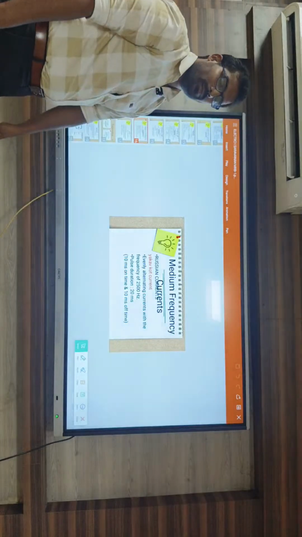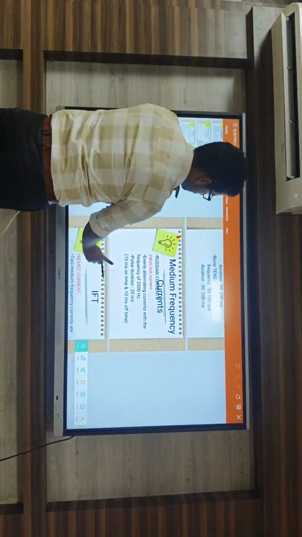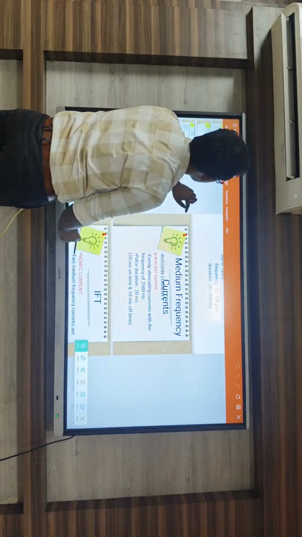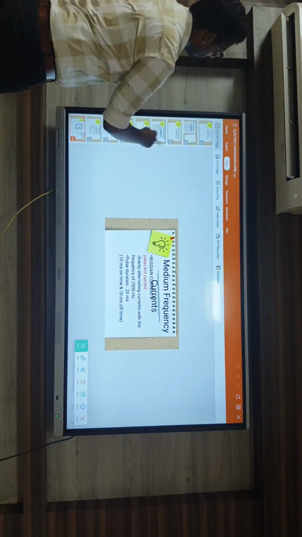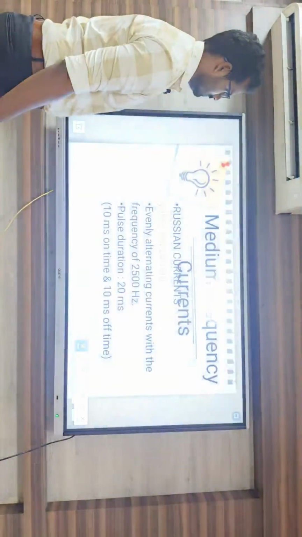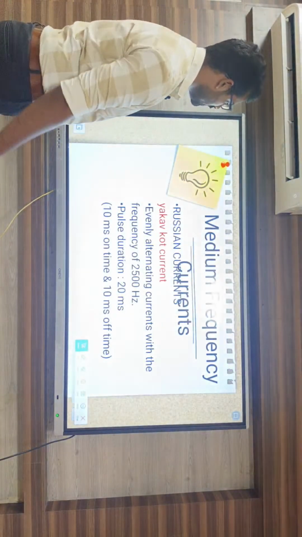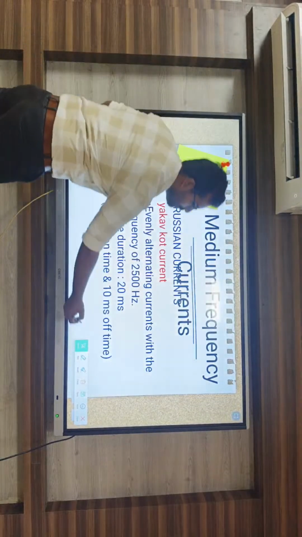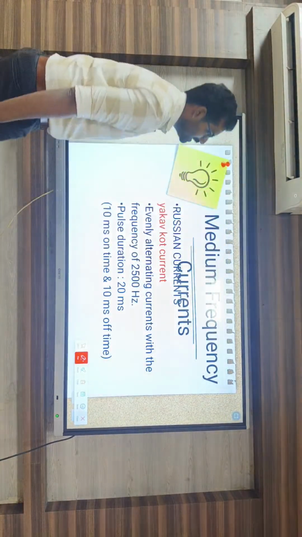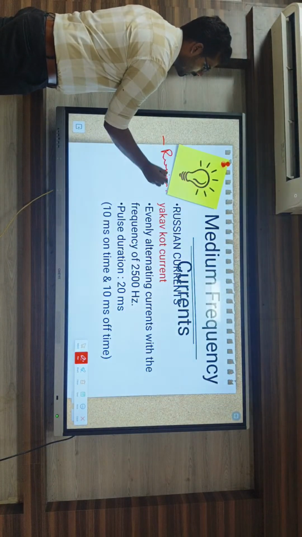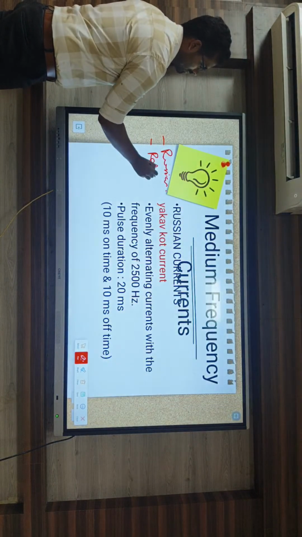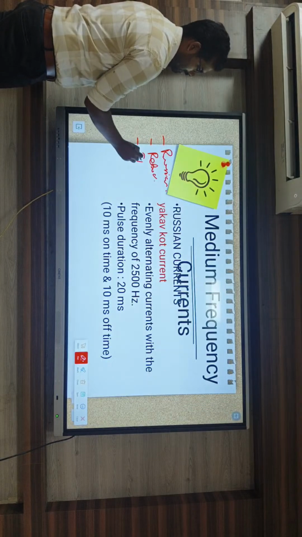In our medium frequency currents, there are three currents totally. First one, Russian current. Next one, Rheobase current. And the next one, IFT.